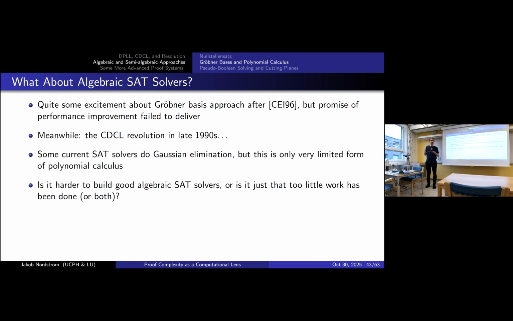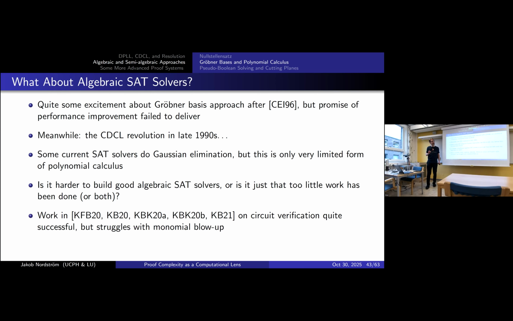But it could also be that the number of man years invested in CNF-based SAT solvers is absolutely ridiculous, so you probably have to spend fairly substantial effort even to get to a somewhat comparable level. It could be done in principle, but it just requires work that nobody has put in.